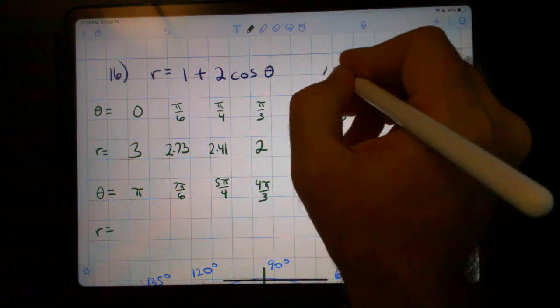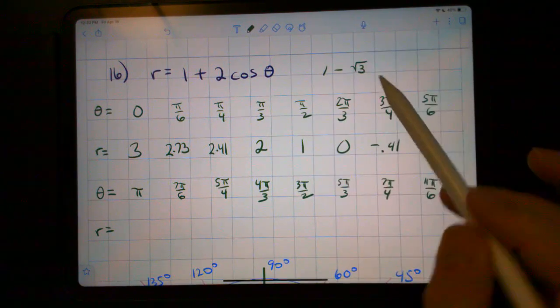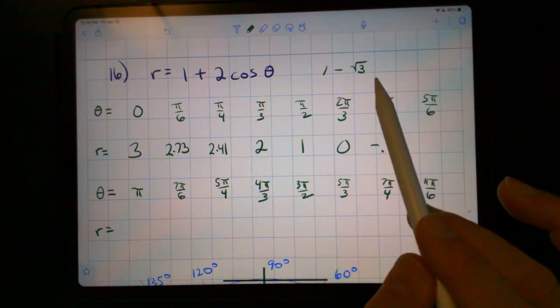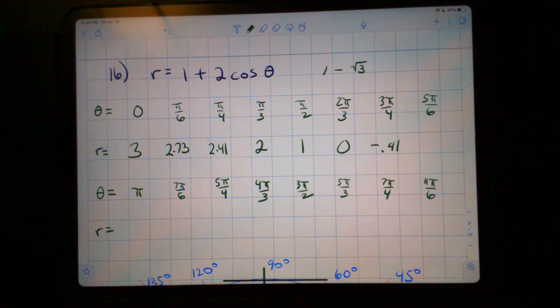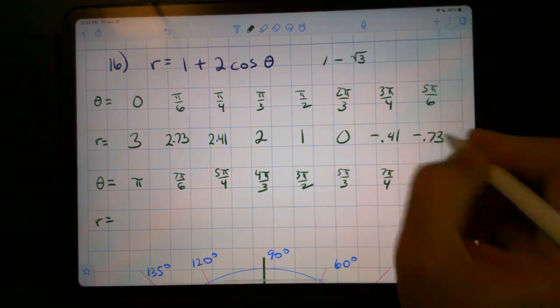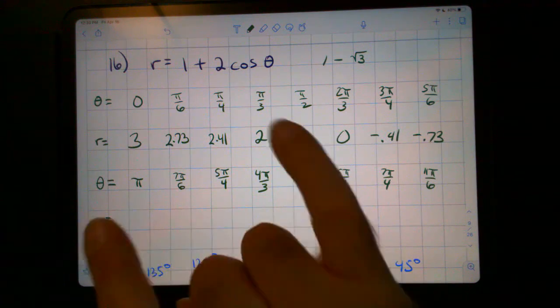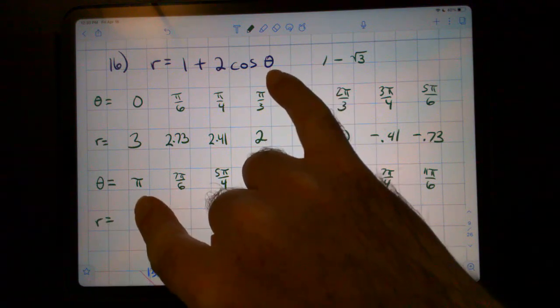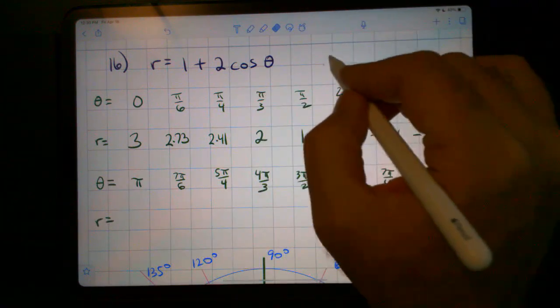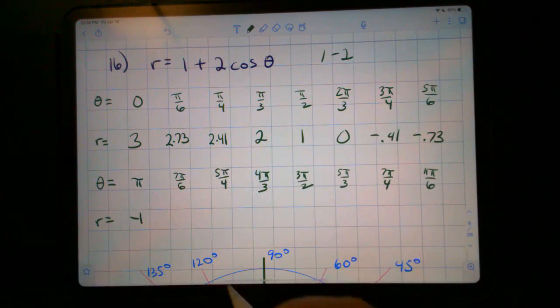And so we have 1 minus radical 3 over 2 times 2. The 2's simplify. We have negative 0.73. When cosine of pi is negative 1, so this turns into 1 minus 2, which is a negative 1.